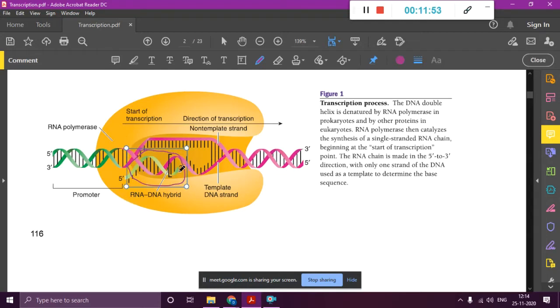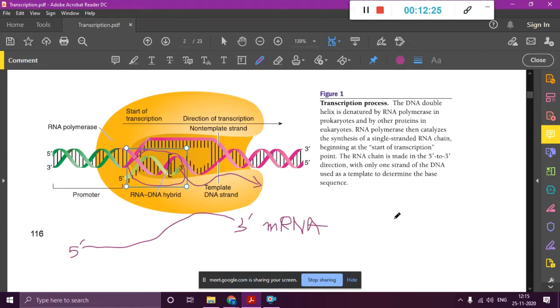So the chain keeps on extending in this direction till a final 5 prime to 3 prime mRNA is formed.